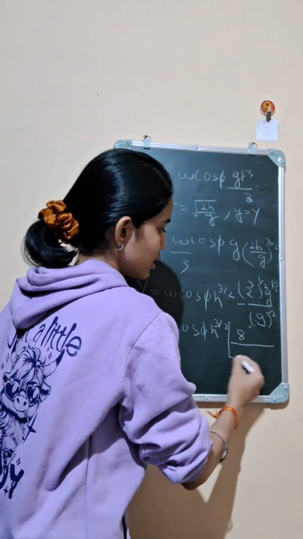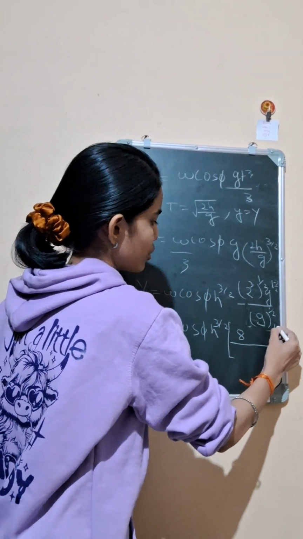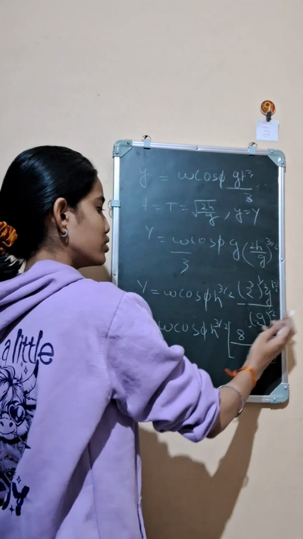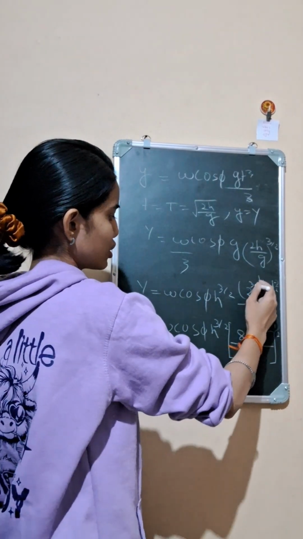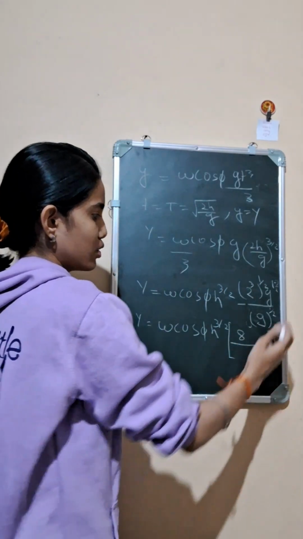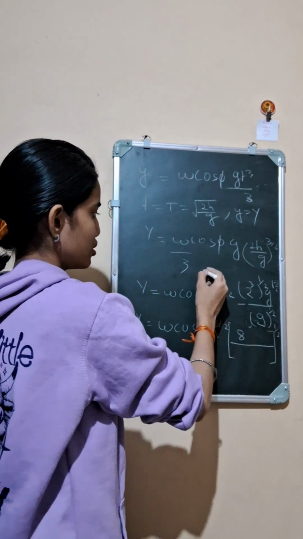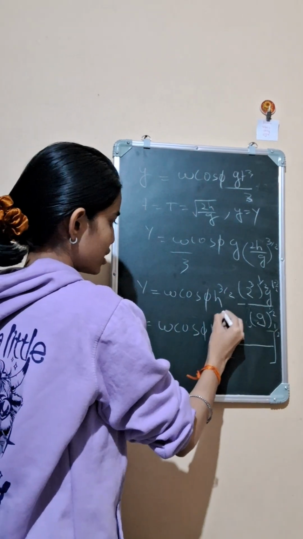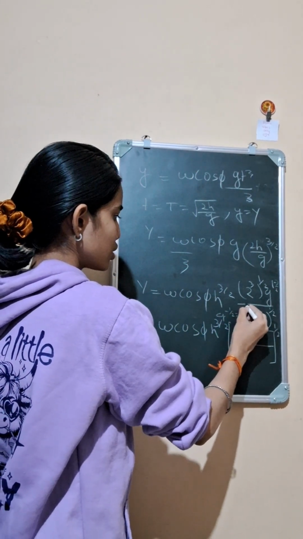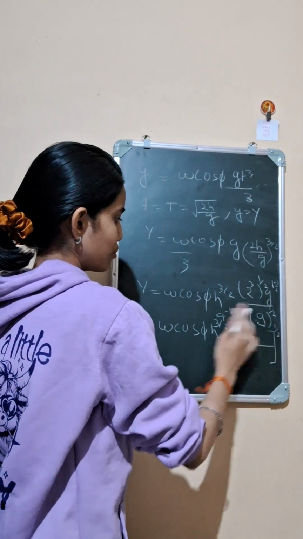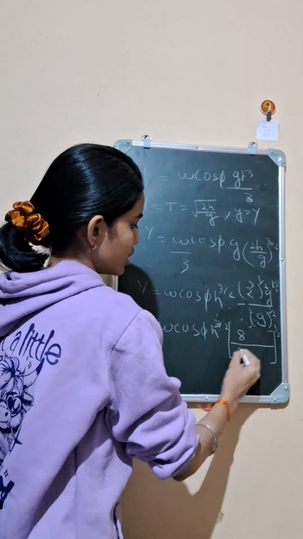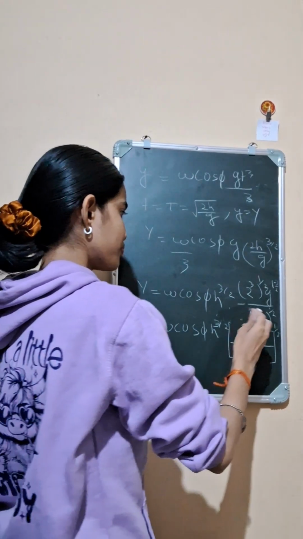We know that we are going to take the 1 by 2 power common, so we are not considering 1 by 2 here, we have taken it outside. 2 to the power 3, 8. g to the power minus 1 by 2 will be equal to g to the power minus 1 into 1 by 2. Here is 1 by 2, where we have to just take g to the power minus 1.